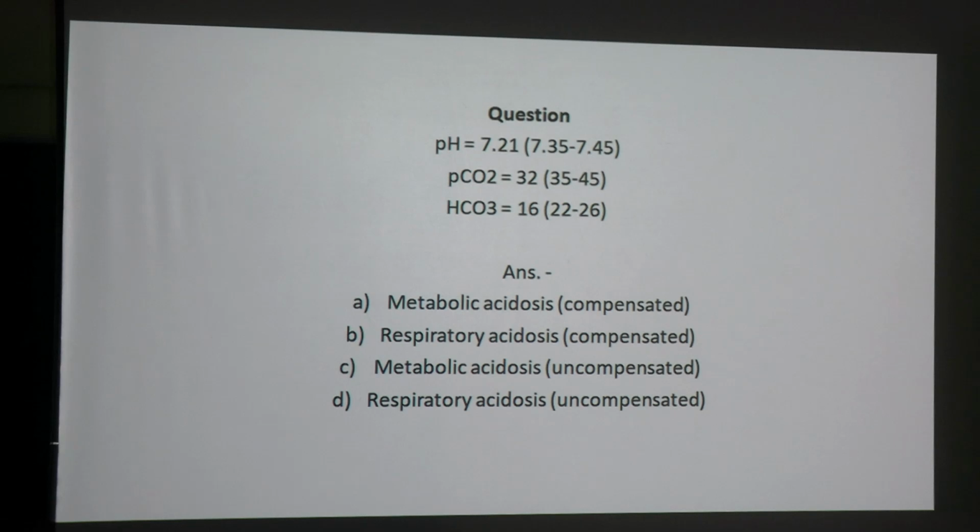PCO2 has decreased, so pH and PCO2 are in the same direction. So what will be the problem? Metabolic. So from pH we get acidosis, and from pH and PCO2 values, metabolic acidosis.